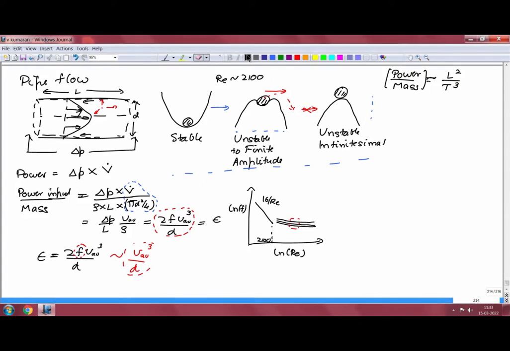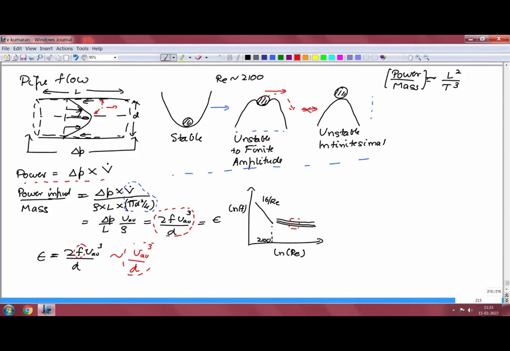And we were trying to estimate what that small scale is in a turbulent flow. So, first I had derived an expression for the power input in a turbulent flow. That is just equal to the product of the pressure difference and the volumetric flow rate.